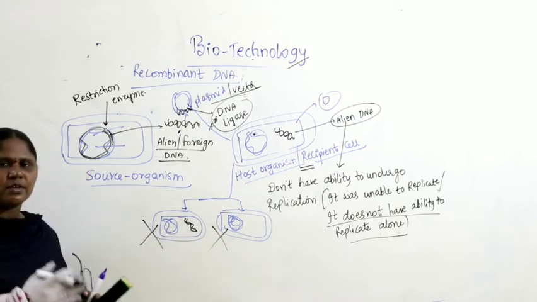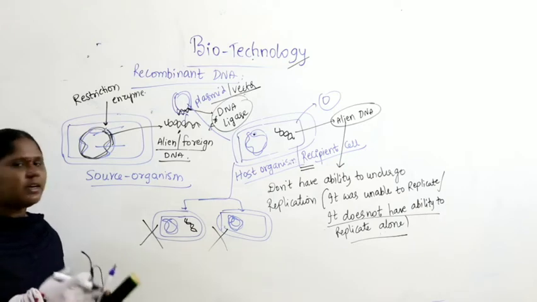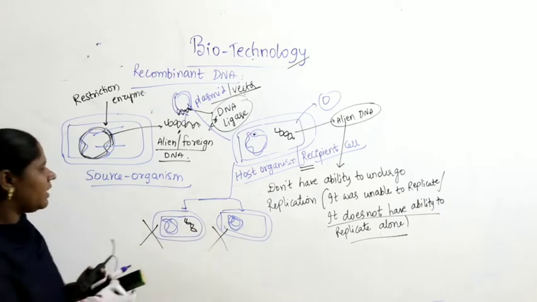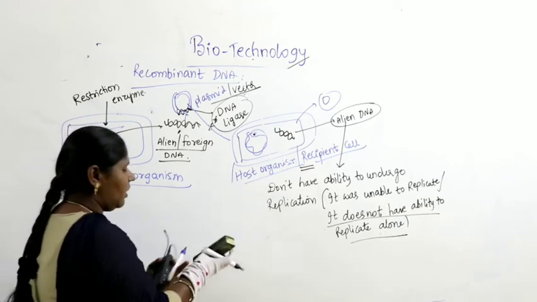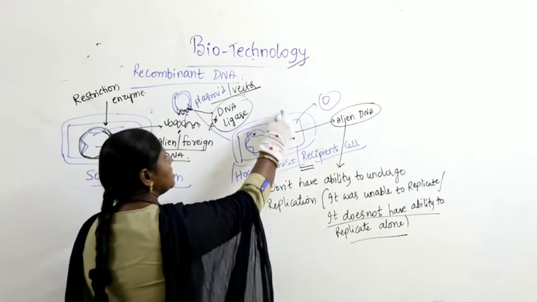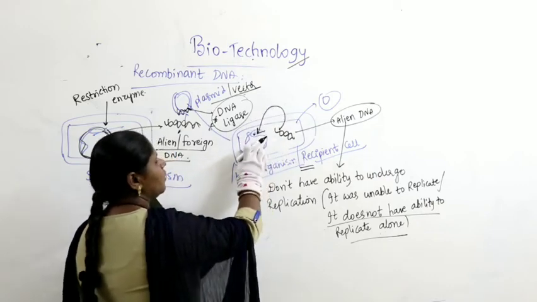In the very beginning of the first experiment, they thought it was not happening. So the next time, when they did the second experiment, this time they introduced this DNA into the nucleoid.